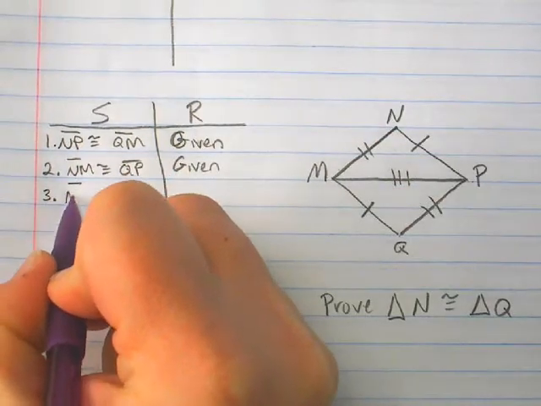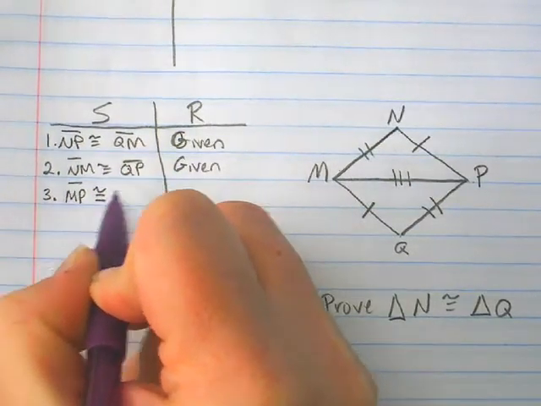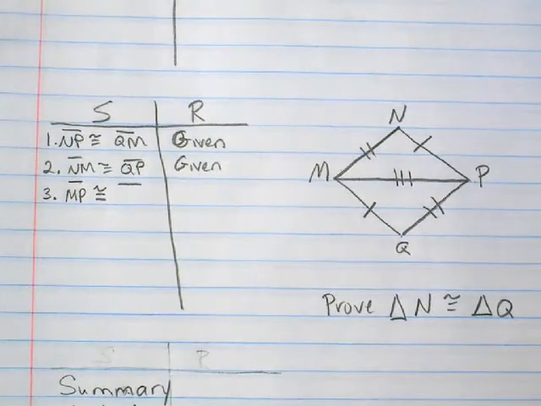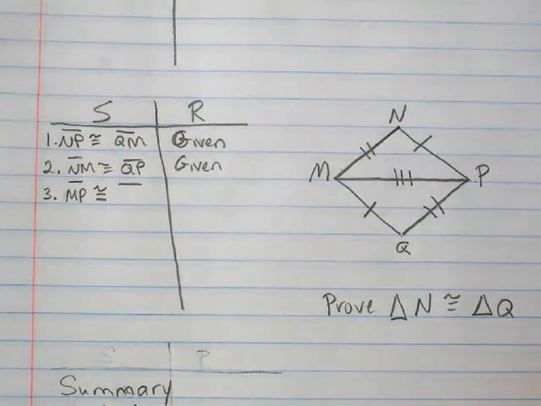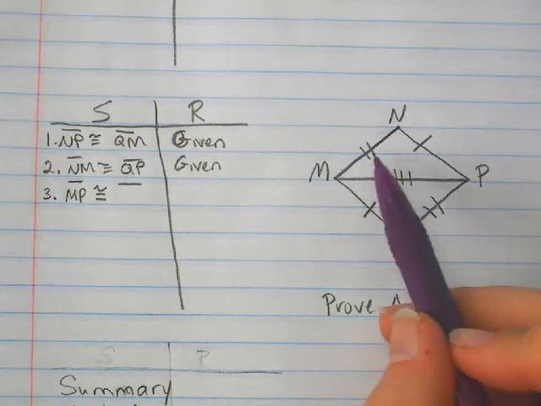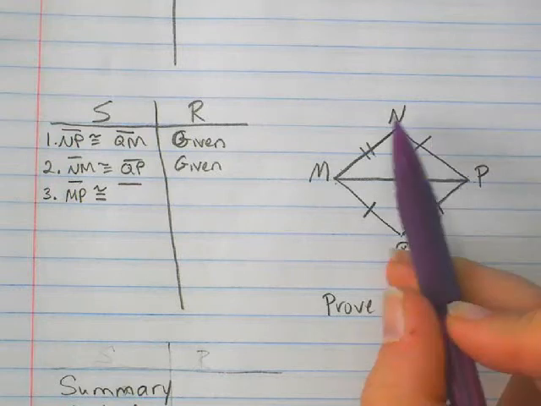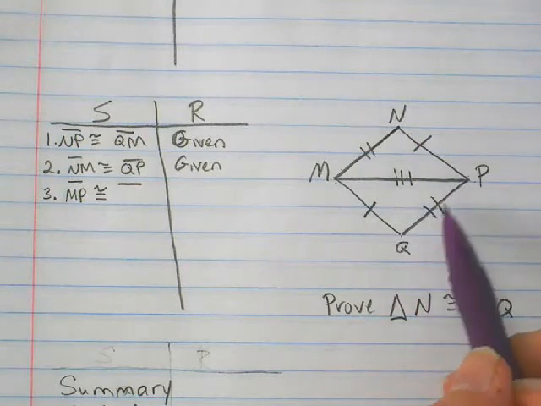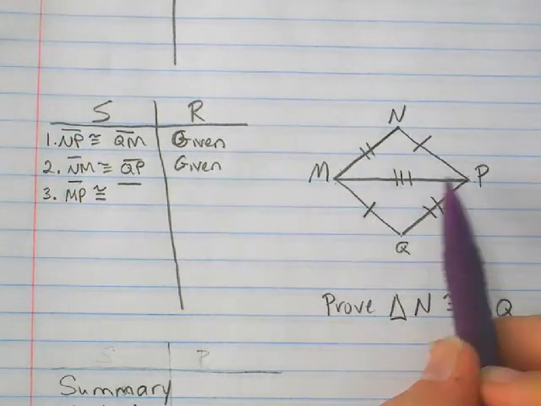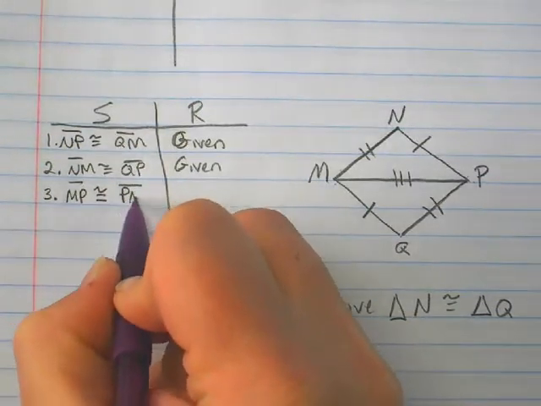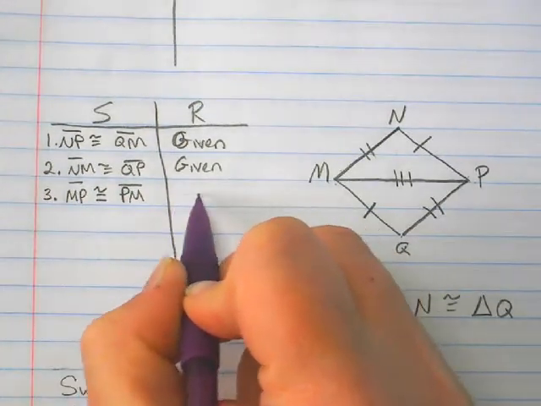We will say side MP is congruent to side. This time it does matter the order you say your letters in. Because I'm going from the double hash to the single hash on the top triangle, I would want to go from the double hash to the single hash on the bottom triangle. This is not given to us.